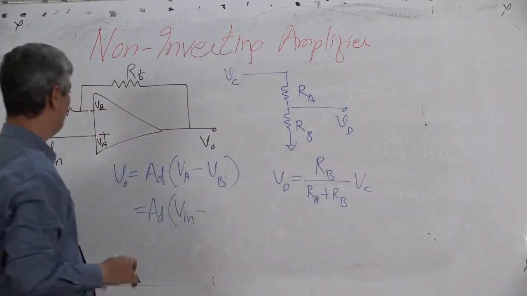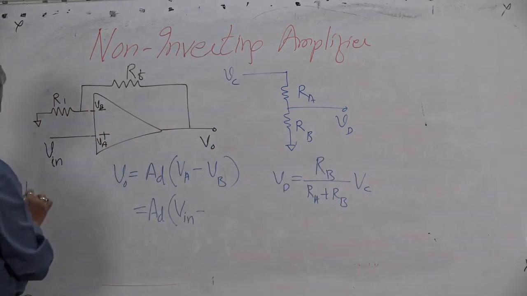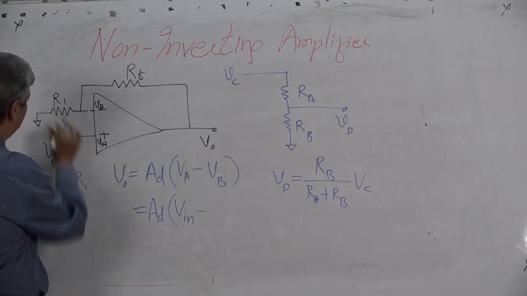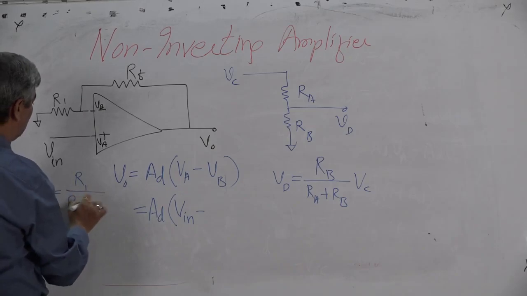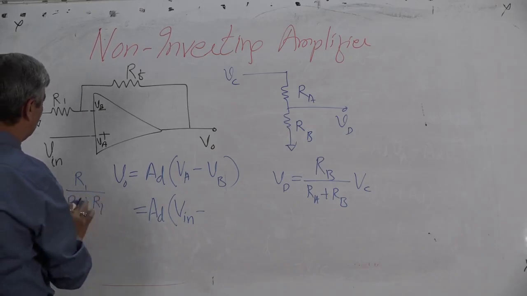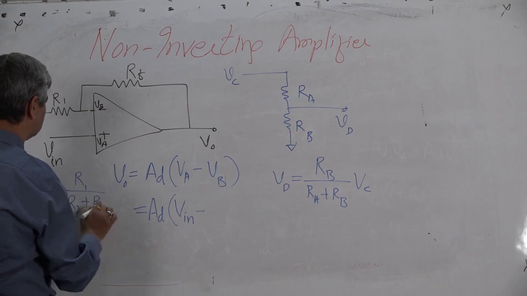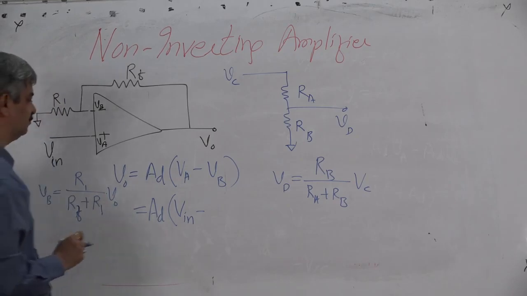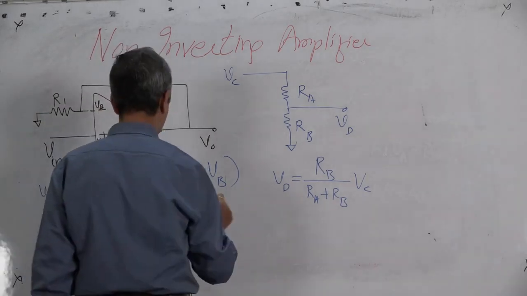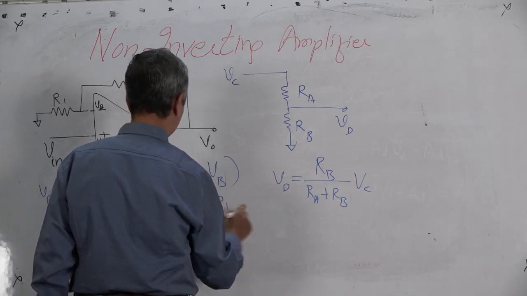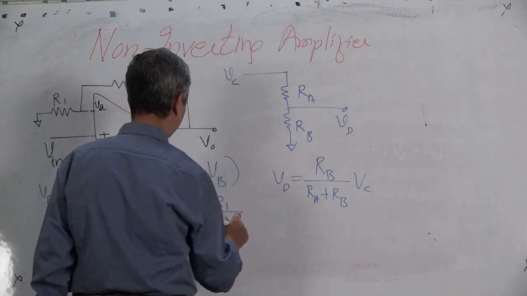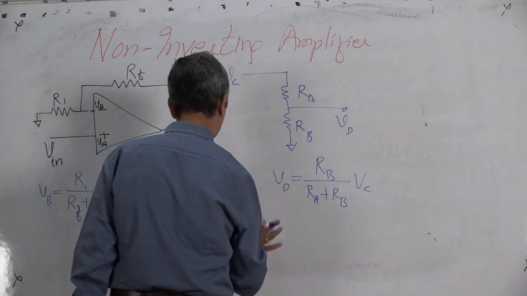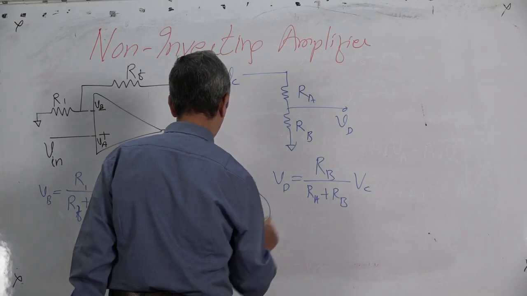So, like that, now what is VB? VB will be R1 upon R1 plus RF, either way, into VO. So, V in minus R1 upon RF plus R1 into VO.